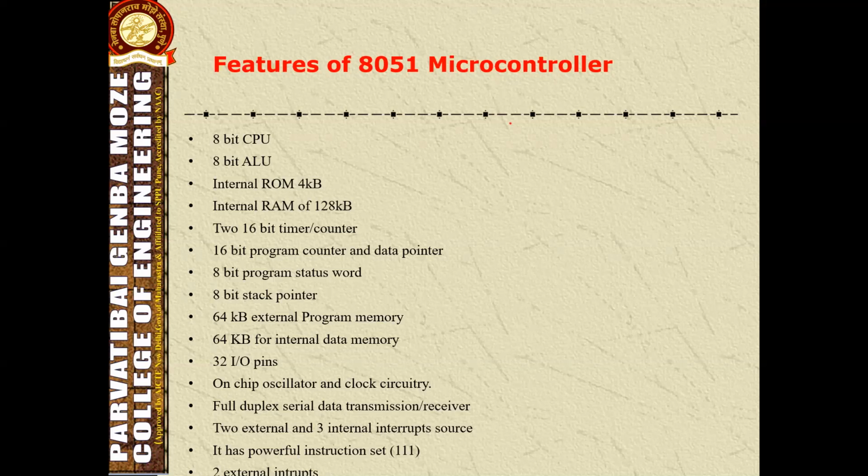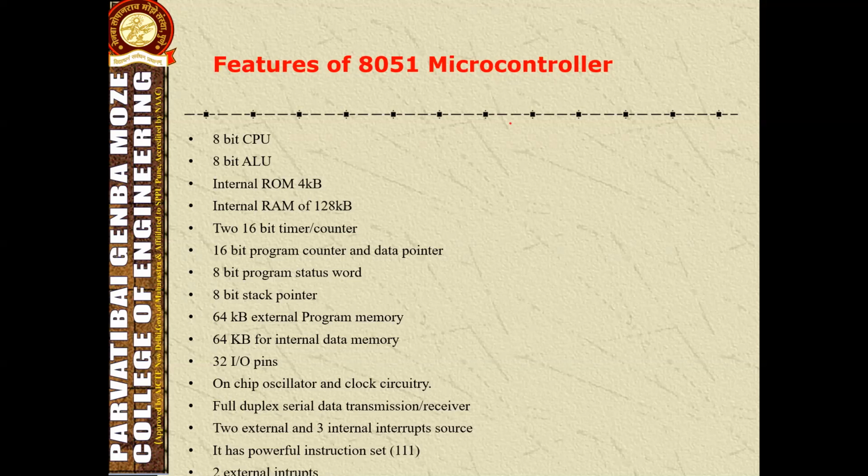In total there are 40 pins in the 8051 microcontroller. Within the 40 pins, 32 pins are used for input output connections. An on-chip oscillator and clock circuitry are also required for the microcontroller.